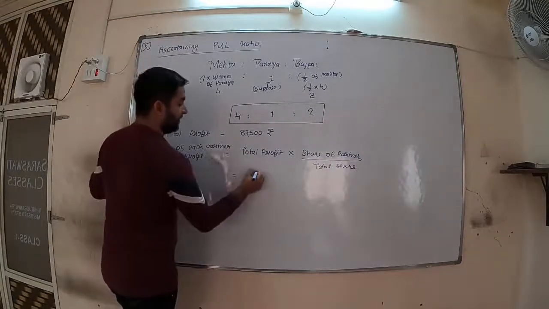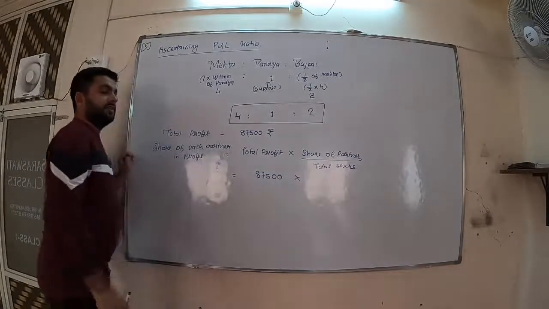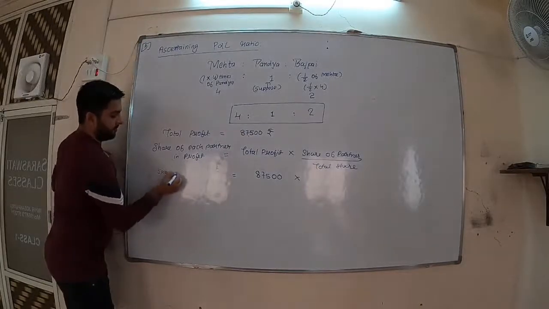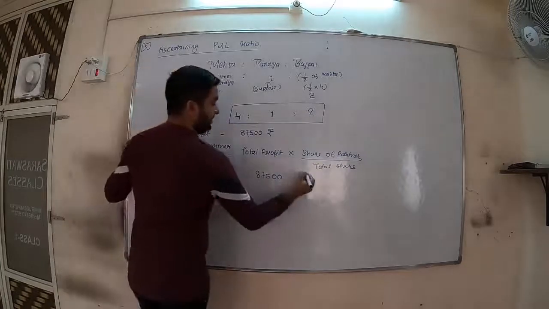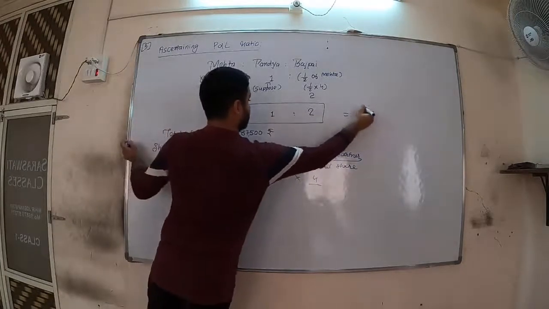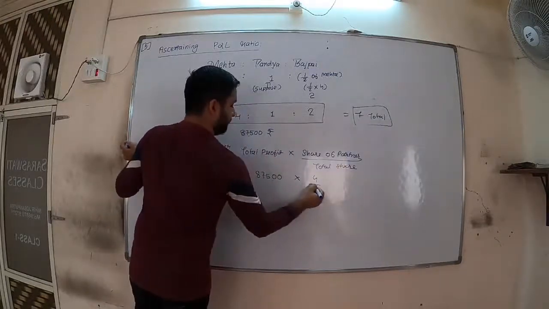What is the total profit? 87,500. Share of partner. Sorry, now we are going for share of Mehta. Mehta has 4 share and total is 4 plus 1, 5 plus 2, 7. So 4 by 7.